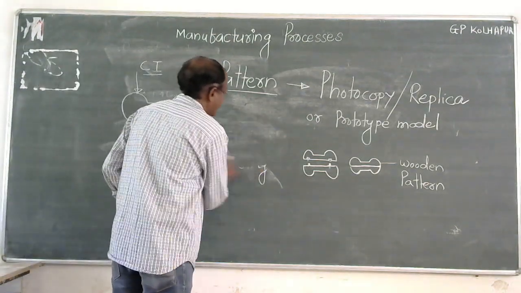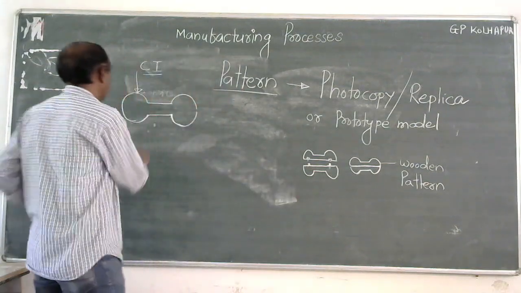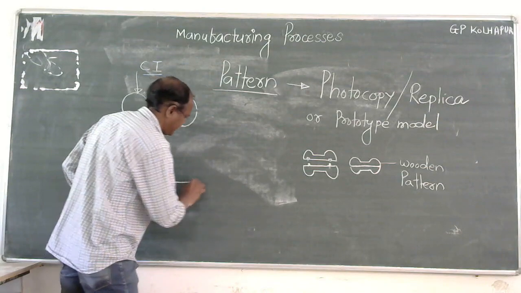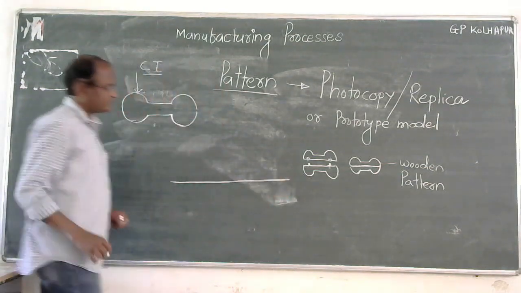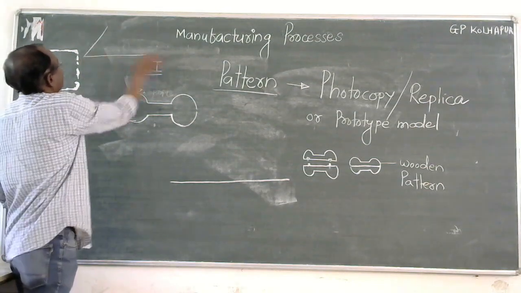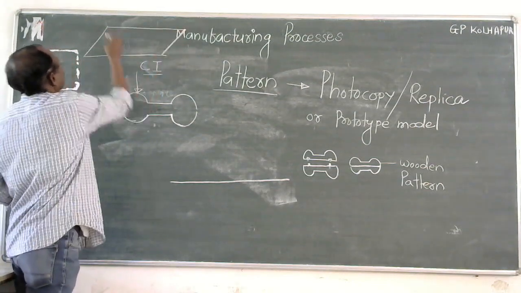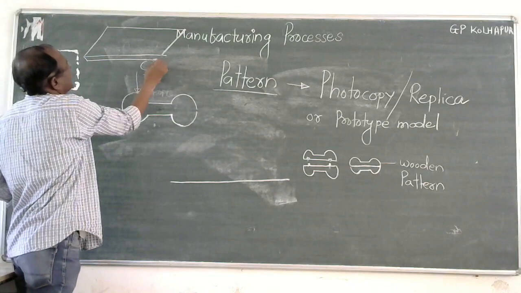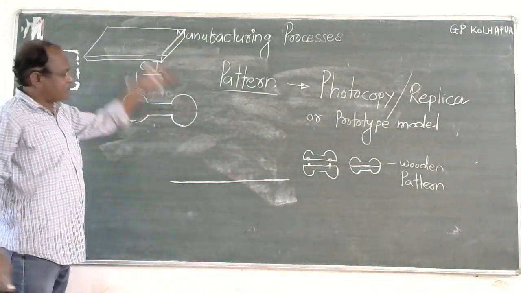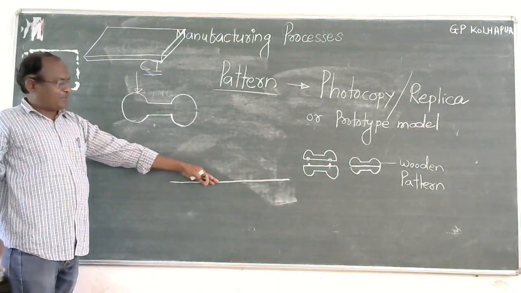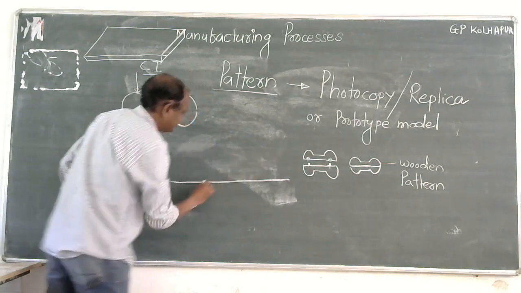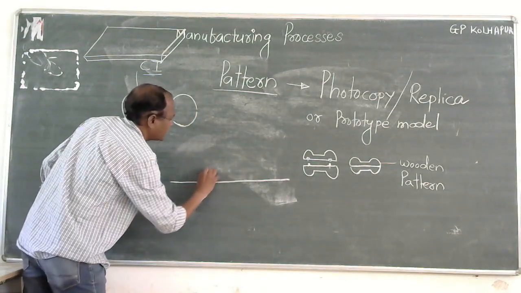So what is the process? How are you going to manufacture this dumbbell? Take one match plate. This is the rectangular match plate. Place this match plate on the ground floor. Place half of this pattern on the match plate.